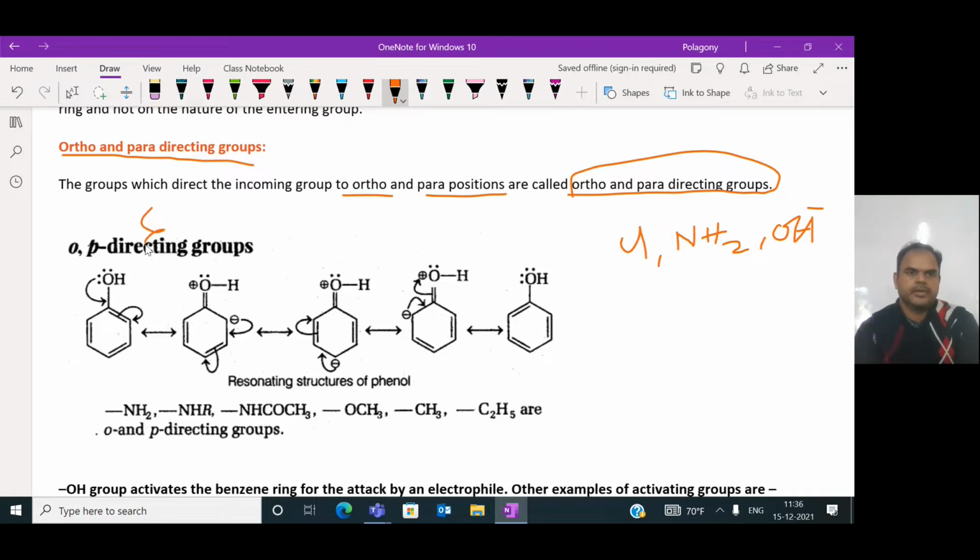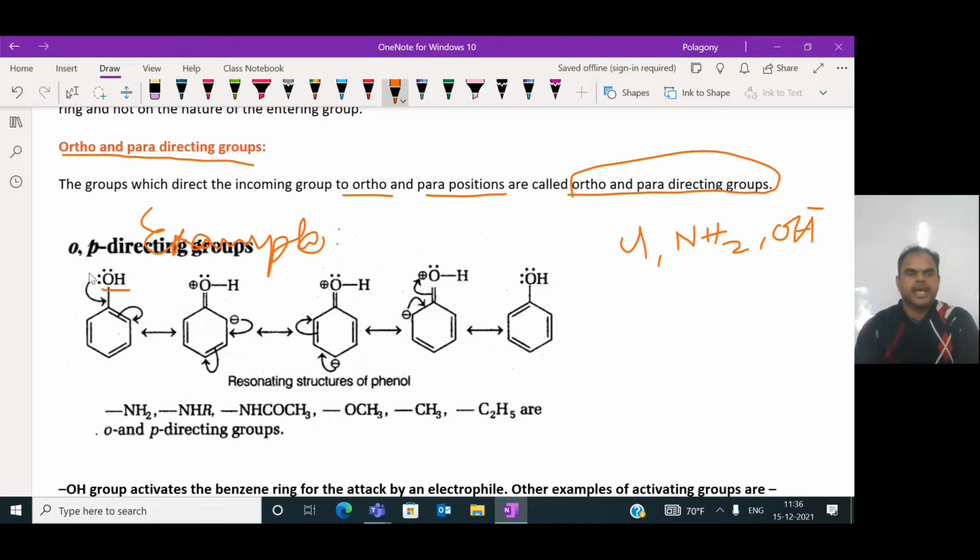One example we take for the detailed discussion is phenol. On the benzene ring there is an OH functional group.